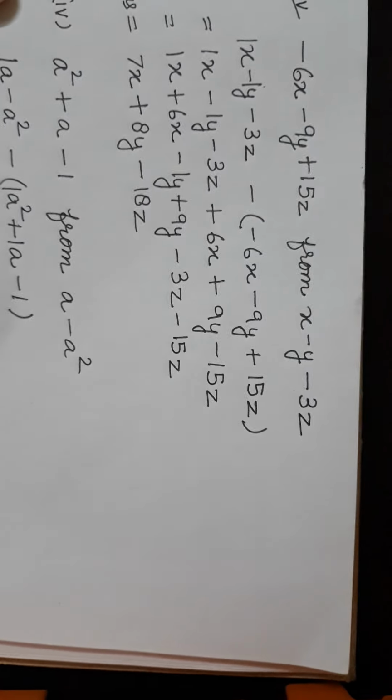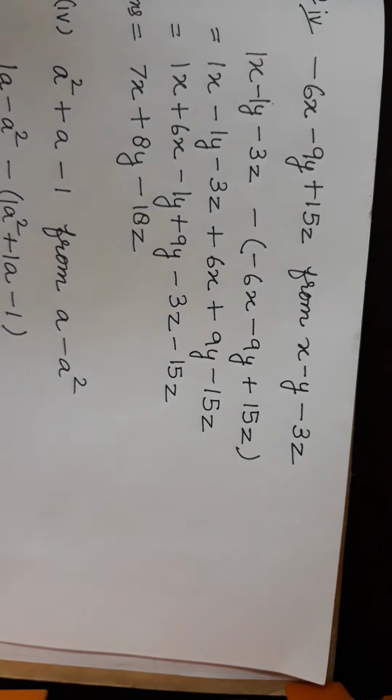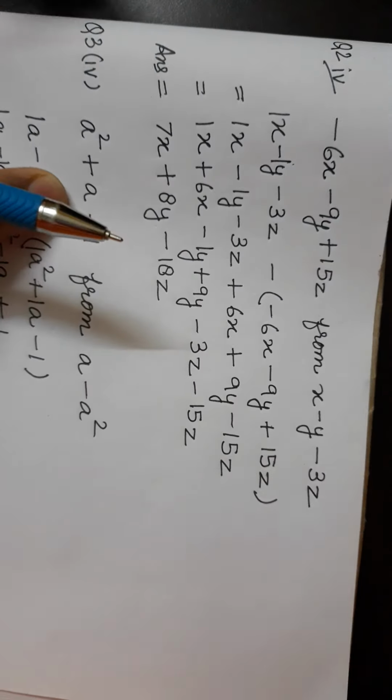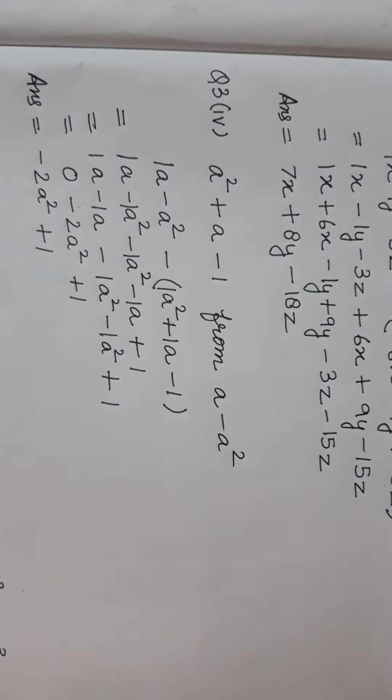Now we will discuss some more examples. Here I have taken question number 2c. I'm taking here question number 2f, 4. Okay, so here we have the question like this.